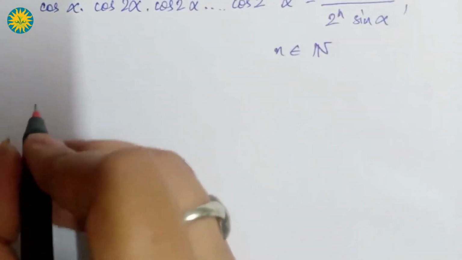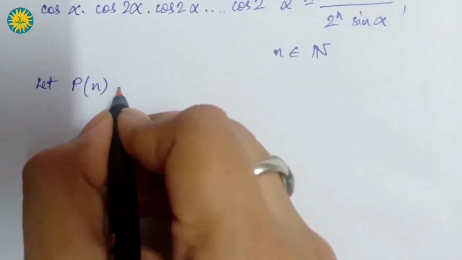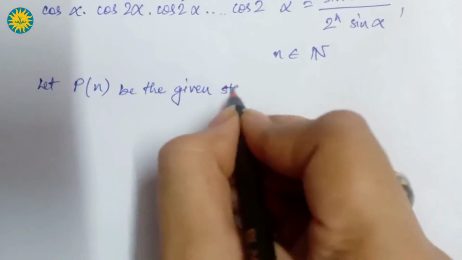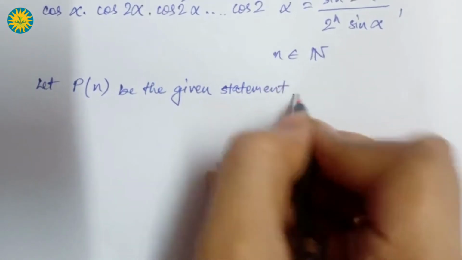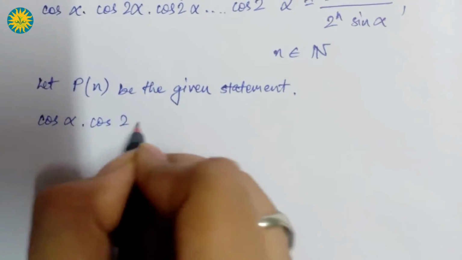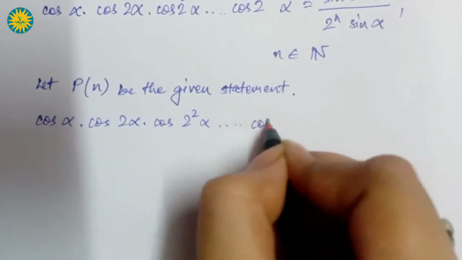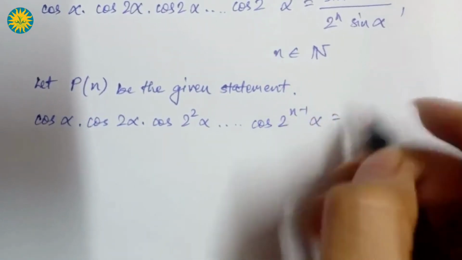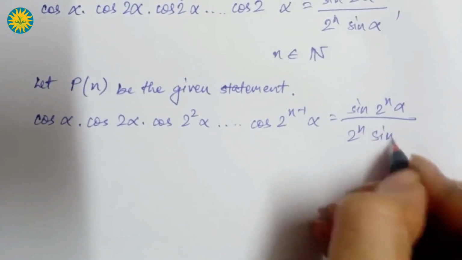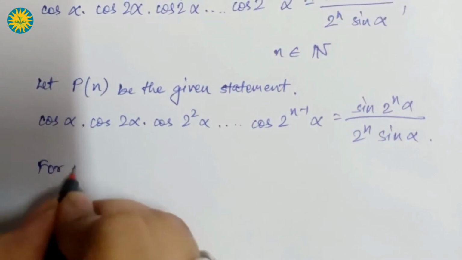By following the same procedure, we write that let P of n be the given statement, which is cos alpha into cos 2 alpha into cos 2 square alpha till cos 2 to the power n minus 1 alpha equals sin 2 to the power n alpha by 2 to the power n sin alpha. First, we need to check for n equals 1.